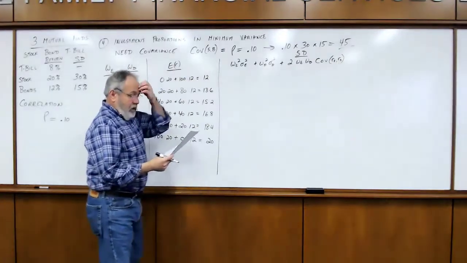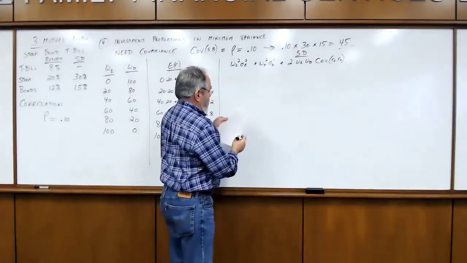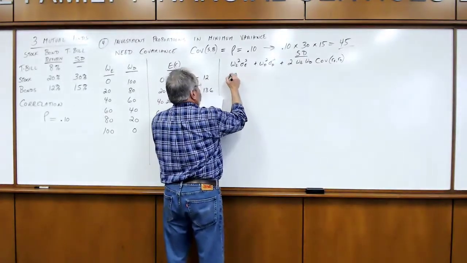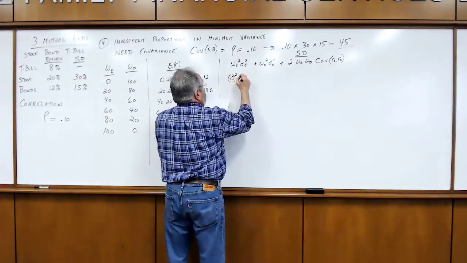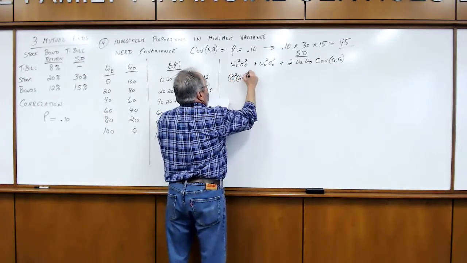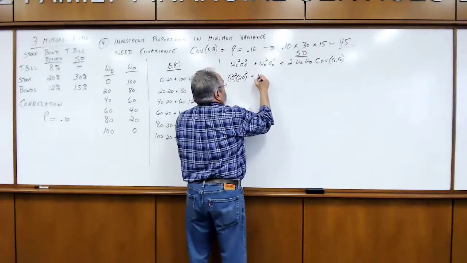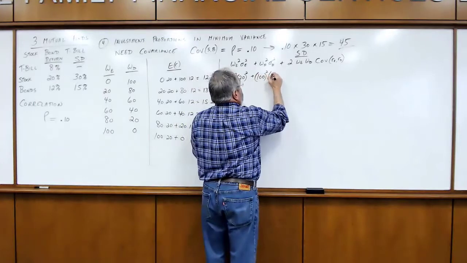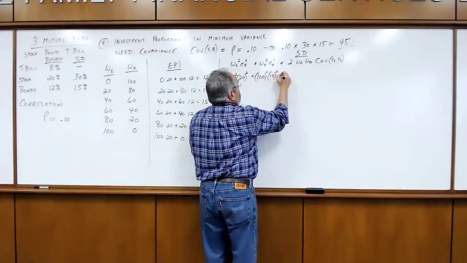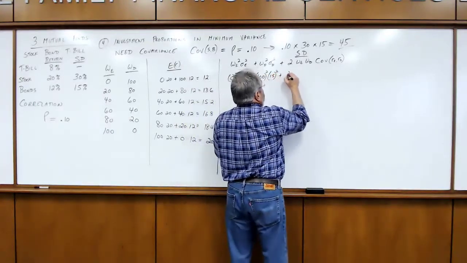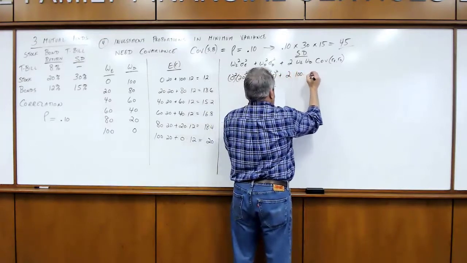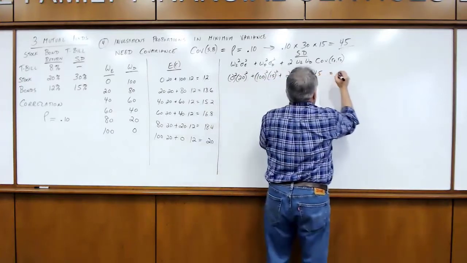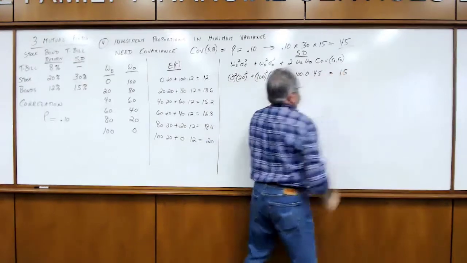Yeah, so this just becomes a matter of plugging in the numbers. For here, 0 squared, 20 squared, 100 squared, 15 squared, 2, 100, 0, 45, 15.